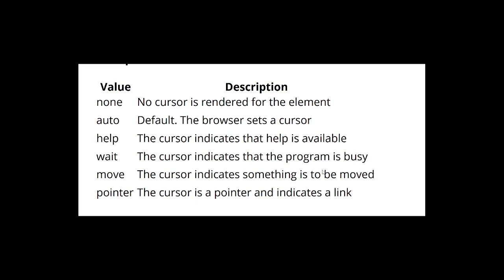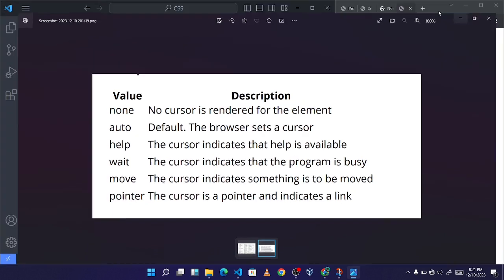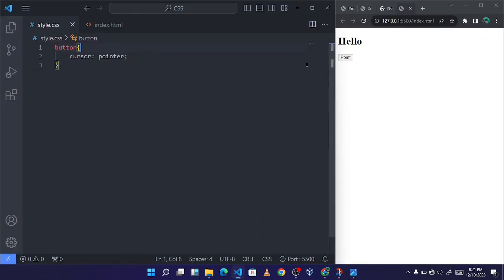So the cursor styling is not anything that is scary in CSS. It's just teaching you how the cursor works in each situation, what specific function it performs, how it tends to be in a specific situation. That's what the cursor styling is about.